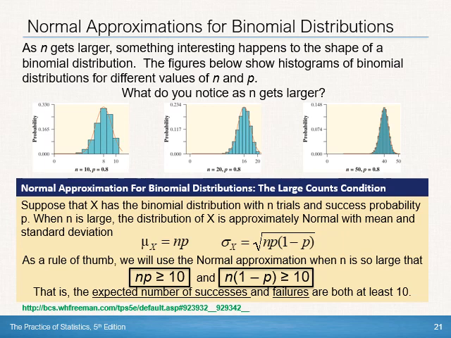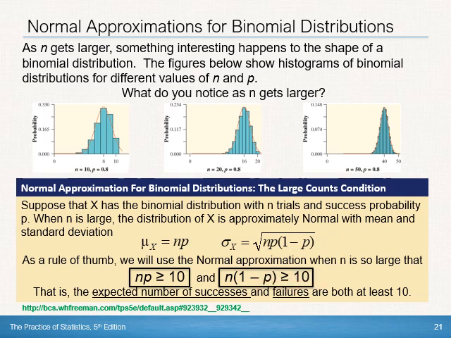So if n times p is greater than or equal to 10, and at the same time, n times 1 minus p is greater than or equal to 10. So if the probability is rather high, then of course we're going to be over 10. That's not a problem. But if p is really high, that means 1 minus p is going to be really small. And so then we're going to have a problem.